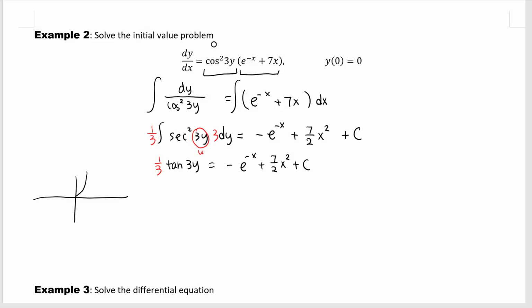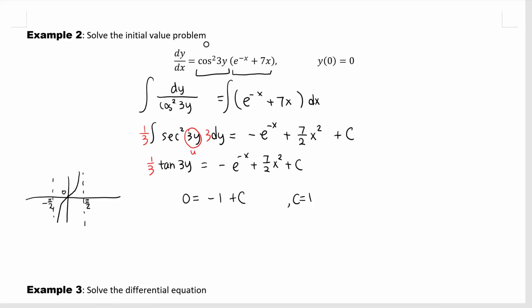What's the graph of tangent? So this is 0, this is pi over 2, this is negative pi over 2. So tangent of 0 is 0. And e to the 0 is 1, so we have minus 1. And then x squared, 0 squared is 0. So plus c. So what do we get? We get c equals 1.